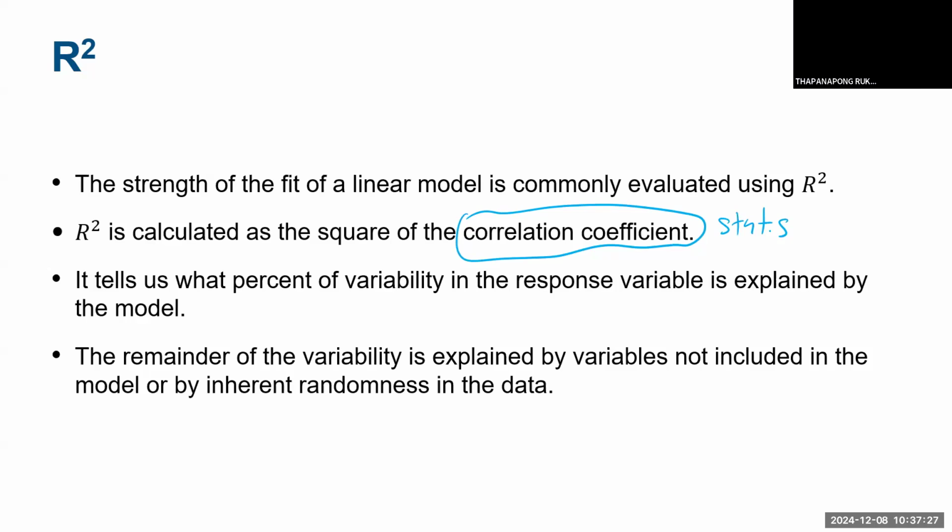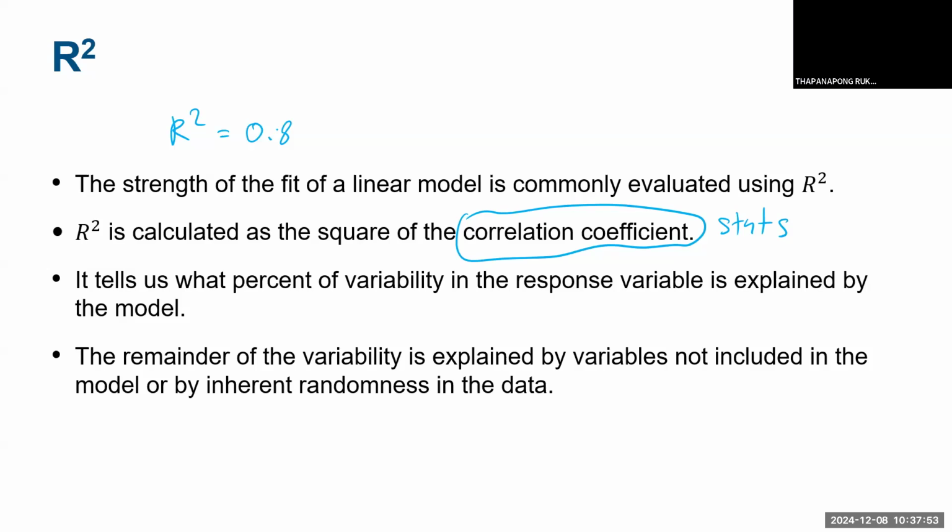For example, let's say I have my line, and I have R-square equal to 0.8. What does this mean? This means that 80% of our data can be explained using this line.